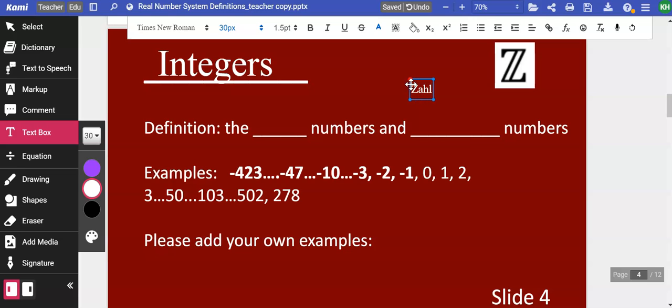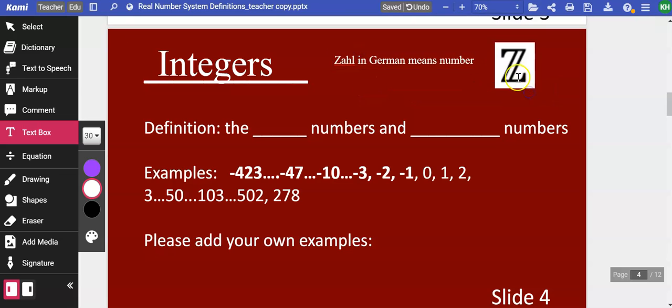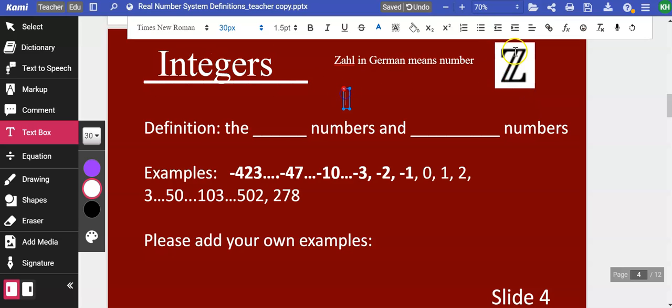Zahl in German means number. So that is why we use Z for the integers. So when you see this symbol, that represents this type of number, the integers.